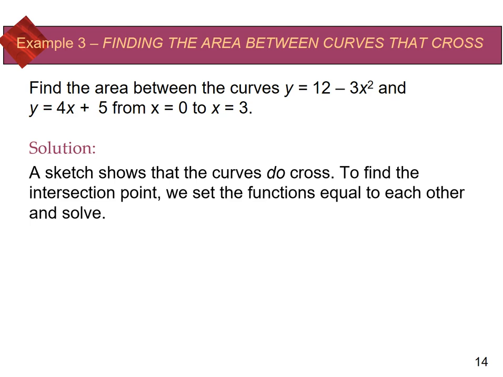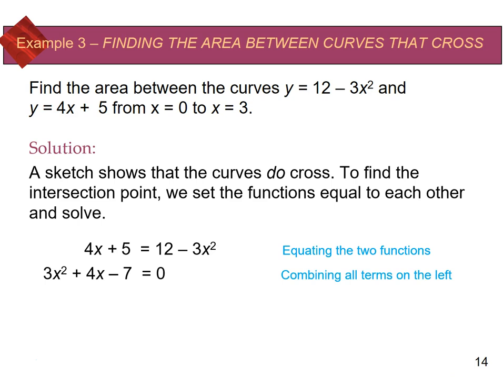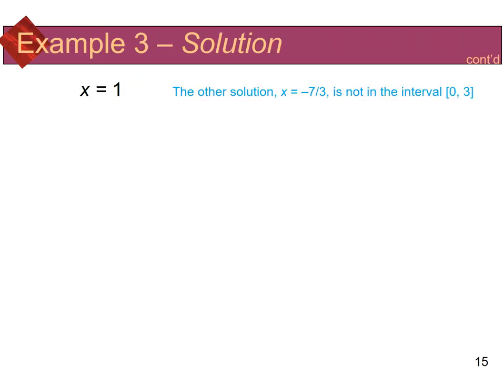So to find the intersection point, we set the functions equal to each other, because if they intersect, they have the same y coordinates. Since both of these are solved for y, I'm looking for the common y coordinate. So I set them equal to each other and figure out what x is. I get x equals 1 and x equals negative 7/3, but I'm only considering the interval from 0 to 3, so I only need the one that's between them.